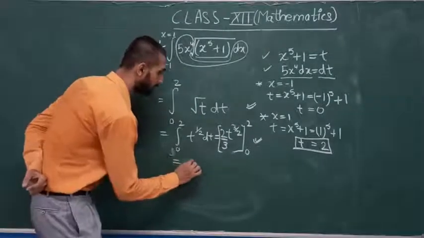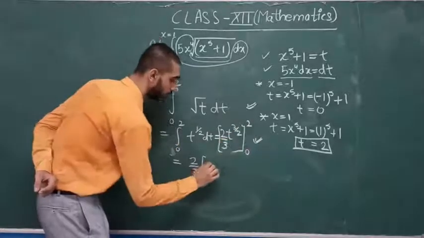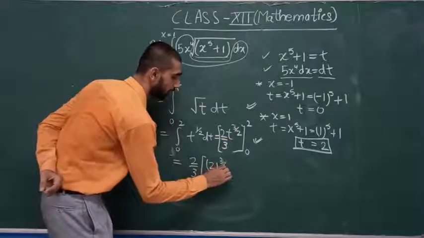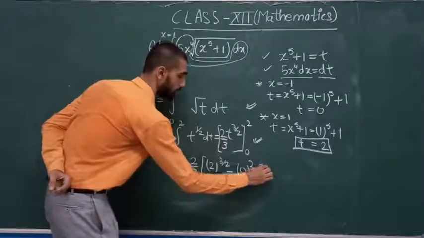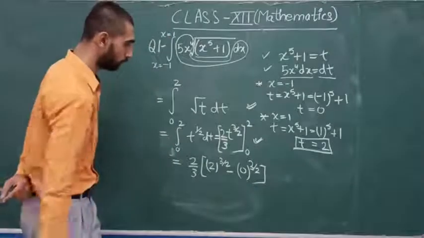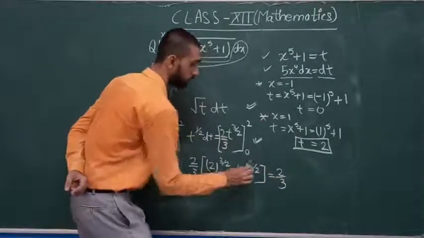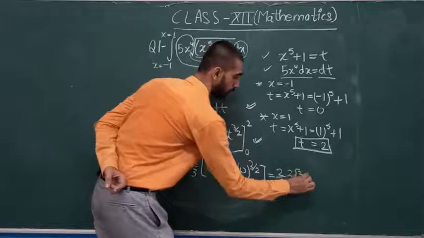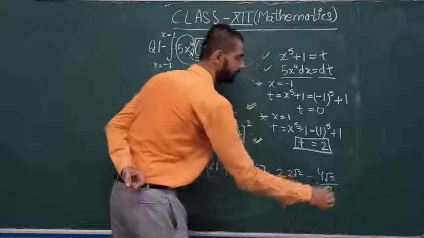Now this will give me 2 by 3 common, and for upper limit 2 to the power 3 by 2 minus 0 to the power 3 by 2. When you solve, you will get again 2 by 3 times 2 root 2, and the answer will be 4 root 2 divided by 3.